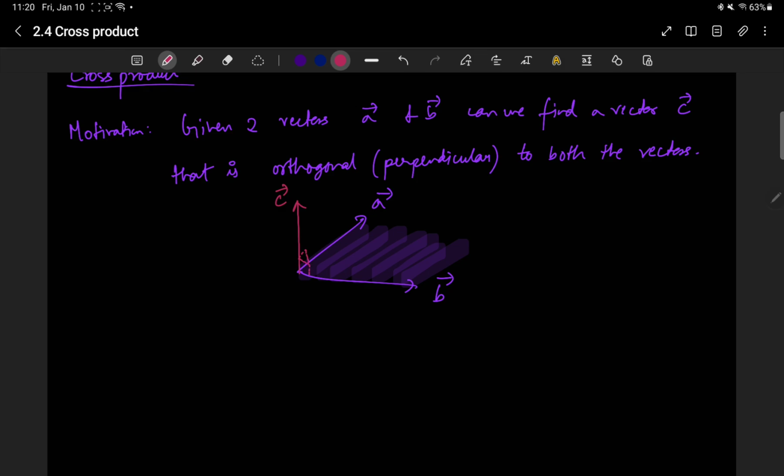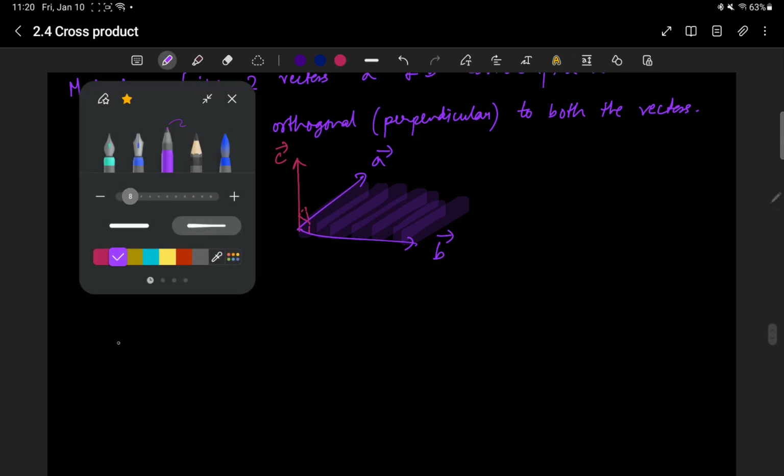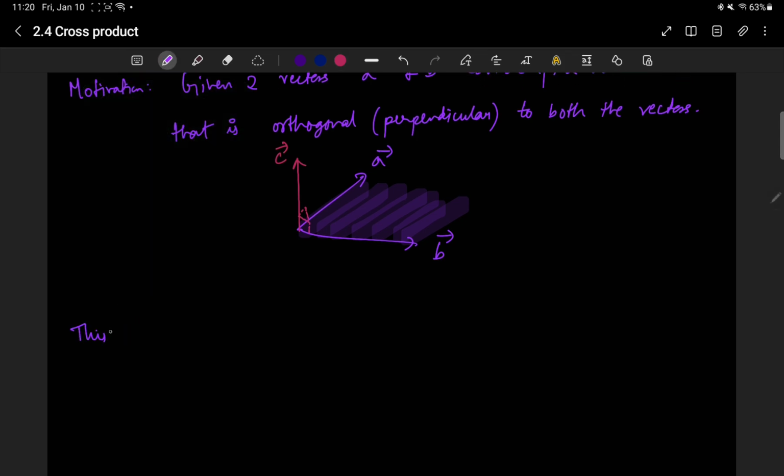So it is possible to do that. And it turns out the way to do that is by using what is called the cross product.